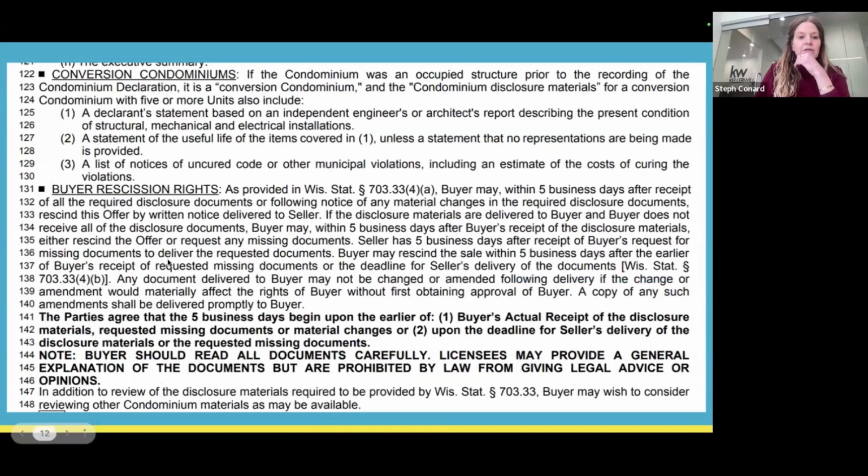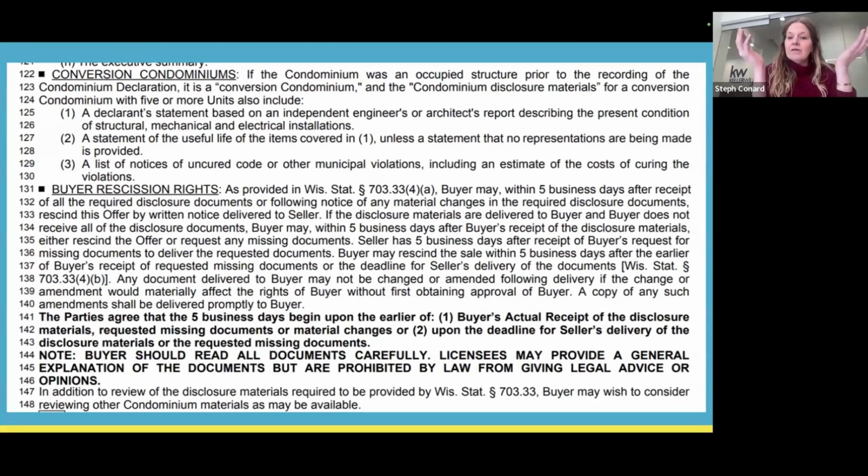The buyer rescission rights again. I like how, in the condo listing contract, it sets the stage for the seller, so this isn't a surprise to them when they receive this offer. Once the buyer receives those condo docs, they've got 5 business days to review.